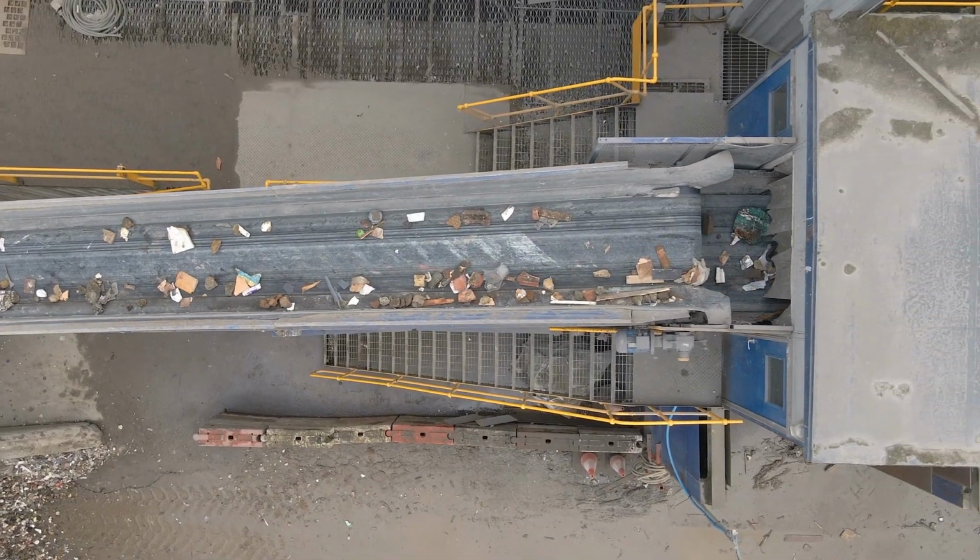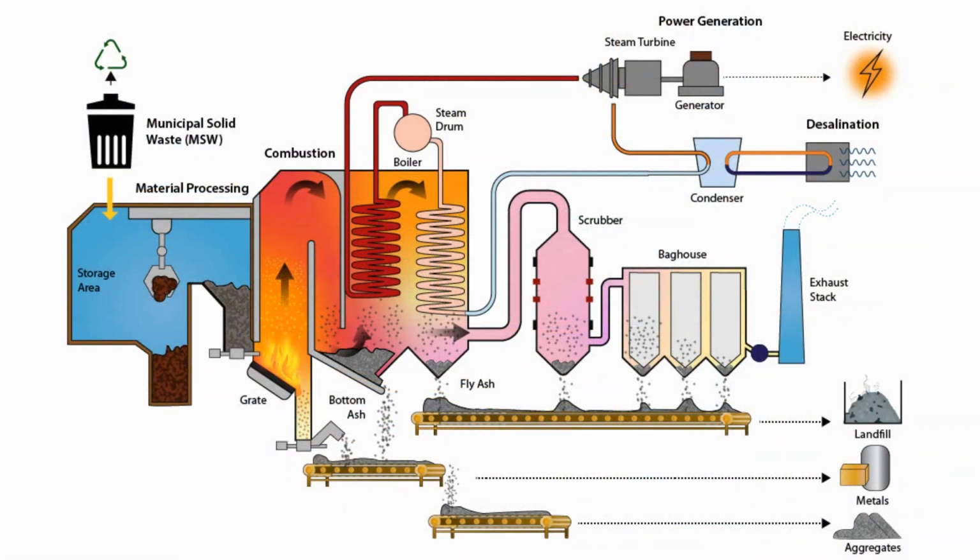The reason we're talking about biomass and waste-to-energy plants in this video is because they're quite similar to coal-fired plants. The main difference really relates to the type of fuel used and how that affects the major components of the system. For example, instead of having a coal storage yard, we're going to have a large pit. Trucks are going to arrive, they're going to tip their rubbish, tip their biomass into this pit.